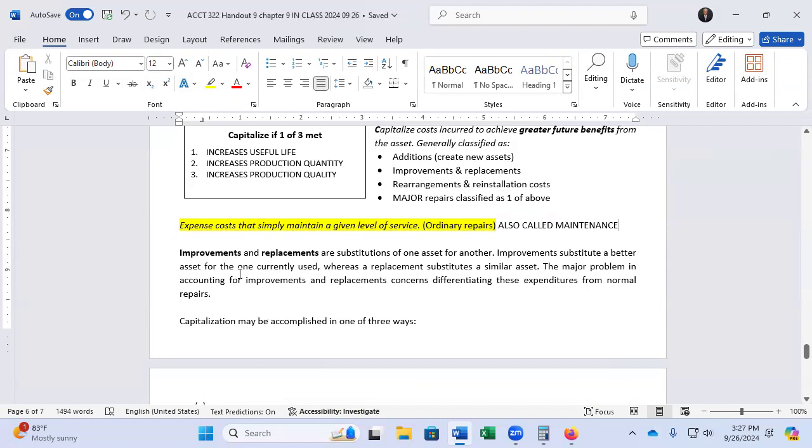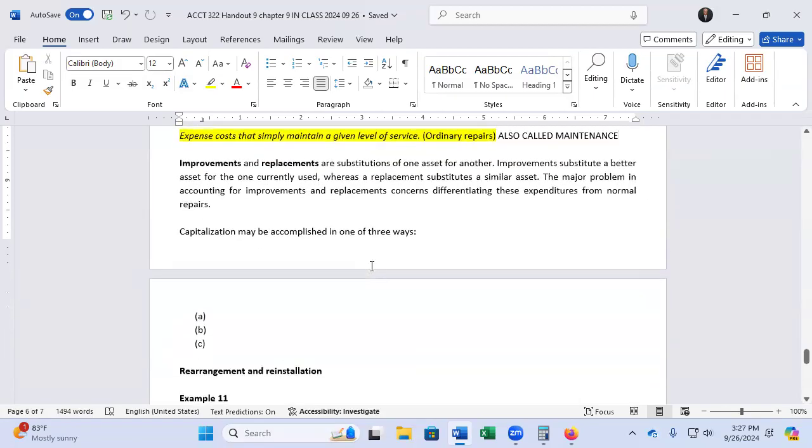Here's some information about improvements and replacements. And in this case, the major problem in accounting for improvements and replacements concerns differentiating these expenditures from normal repairs. And so these may be accomplished in one of three ways that they do capitalization.